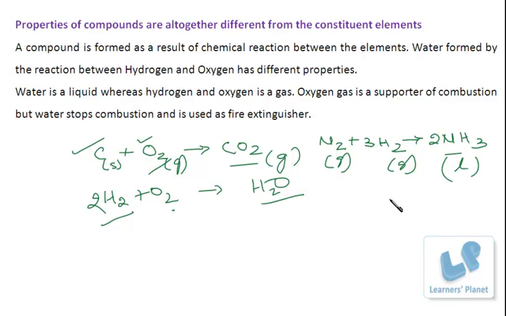You can say ammonia is a liquid. So its state is different. The properties of nitrogen and hydrogen are different, whereas the property of ammonia is different. So the properties of compounds are altogether different from the constituent elements. Let's take up the next characteristic.